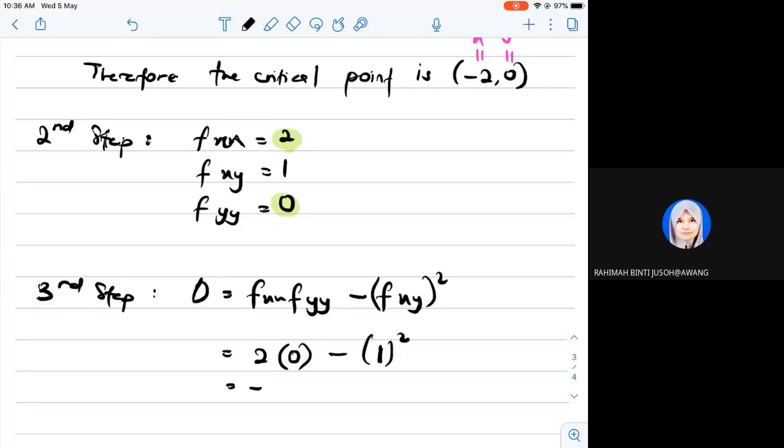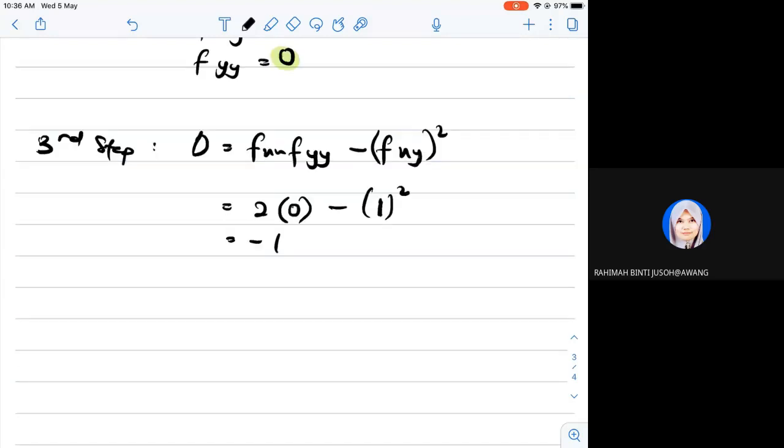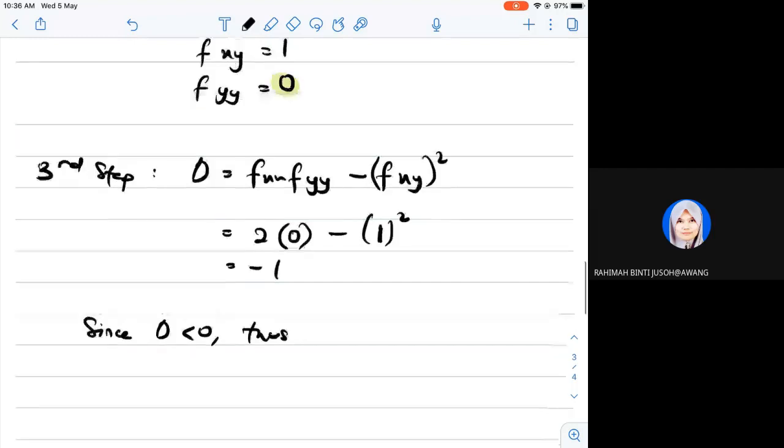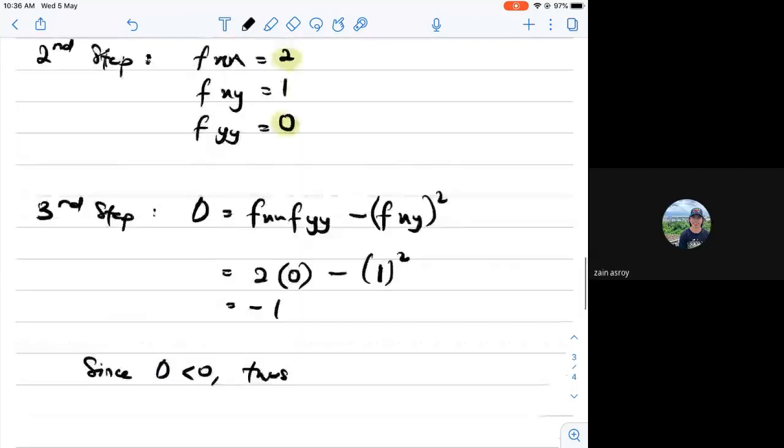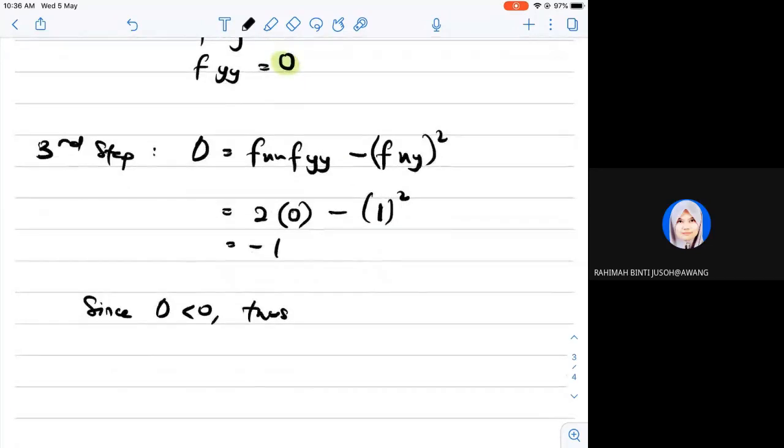So you will get negative 1. This question is very simple. Now, since D is less than 0, what's the conclusion? Do we need to look at fxx? No, no need. So automatically it's a saddle point. Yes, it is a saddle point.